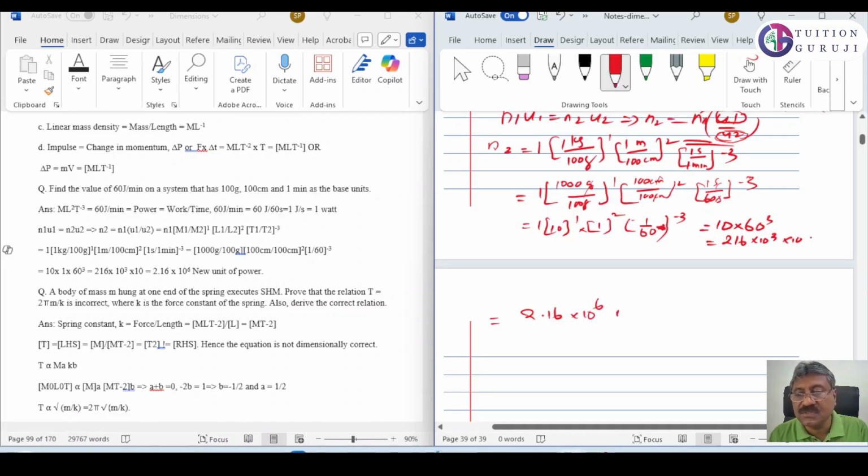Now this is in new units, for N2 the new units. So the answer is 2.16 into 10 raised to 6 new units. Okay, it is equal to 60 joule per minute.